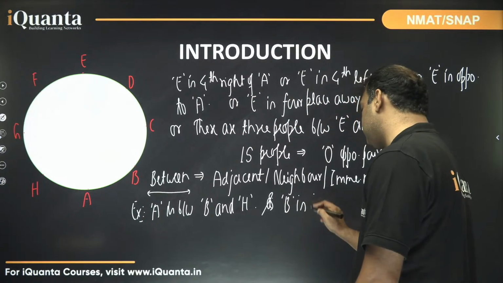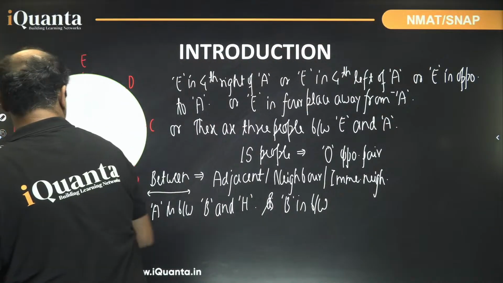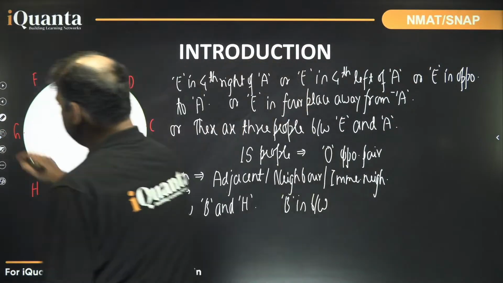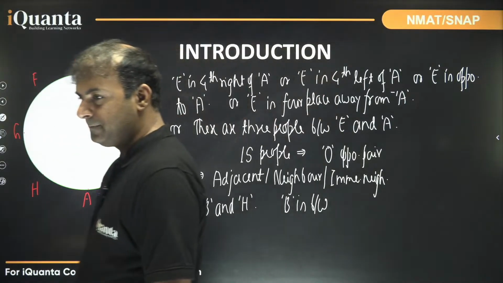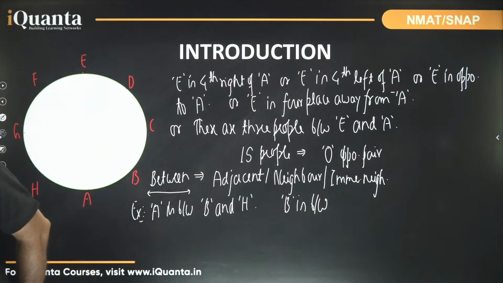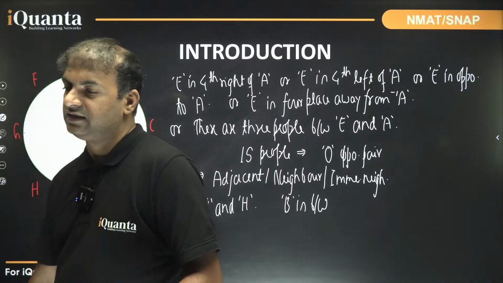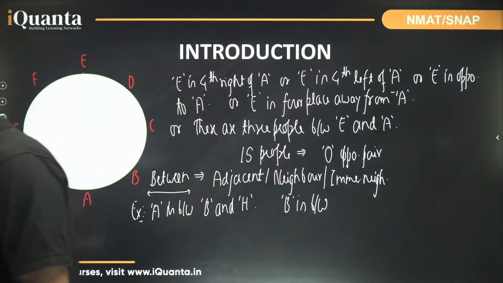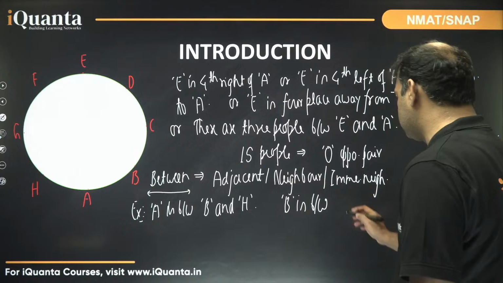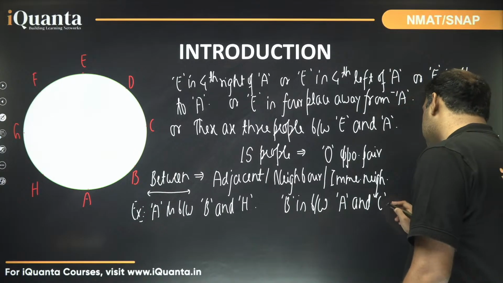Can you tell me in the chat? Please write in the chat. A and C, yes, that's correct. Very good. So B is between A and C. Pretty easy.